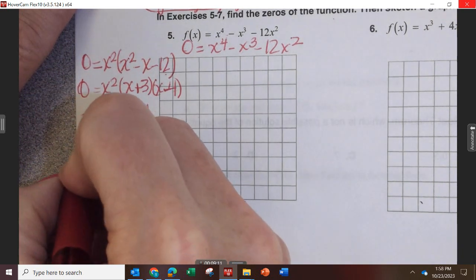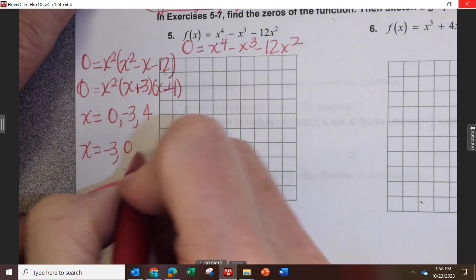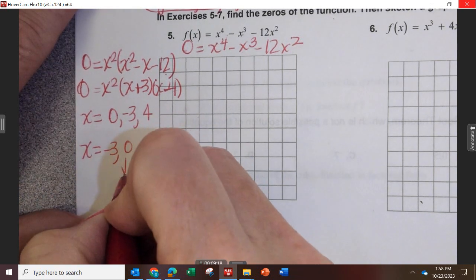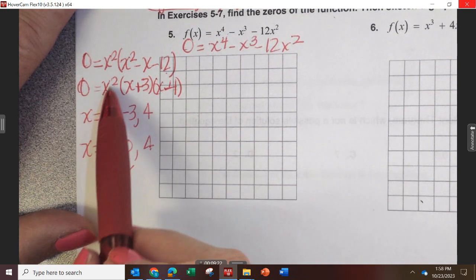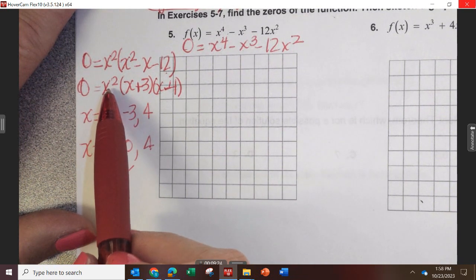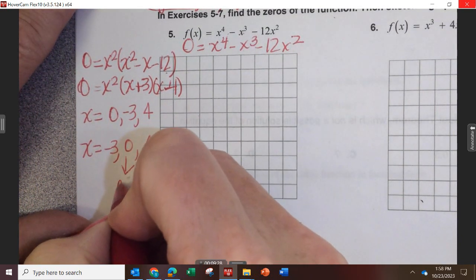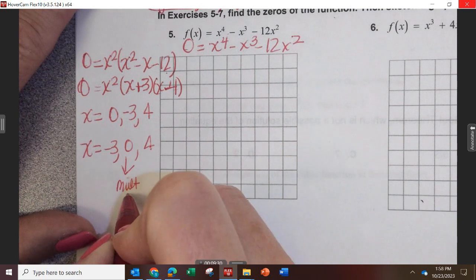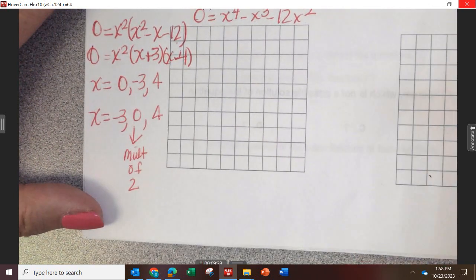But here's the thing. I want you to write these from smallest to largest. And this 0, because we had an x squared, that means something about the multiplicity. Since this is an x squared, I have to say 0 has a multiplicity. We'll call that MULT, multiplicity of 2 on the 0.